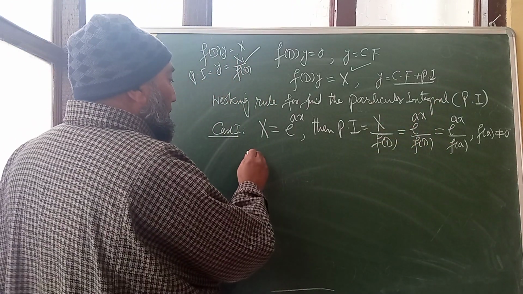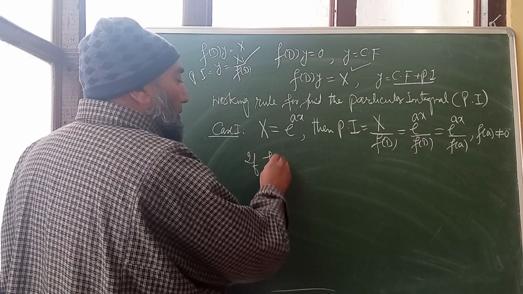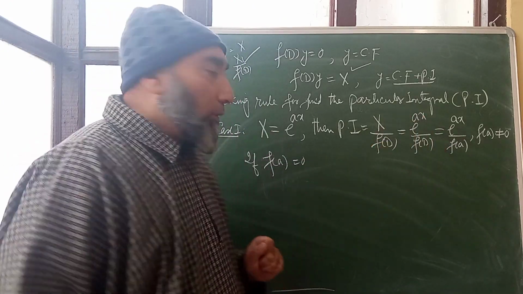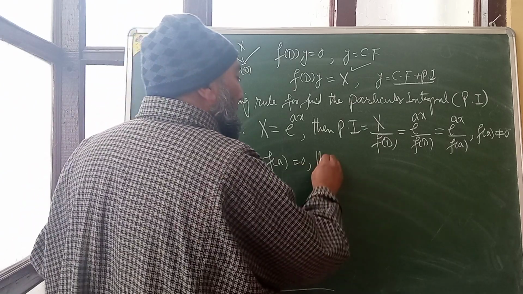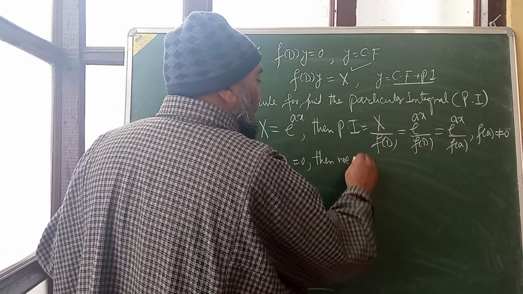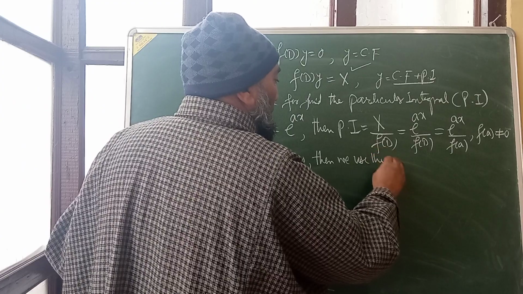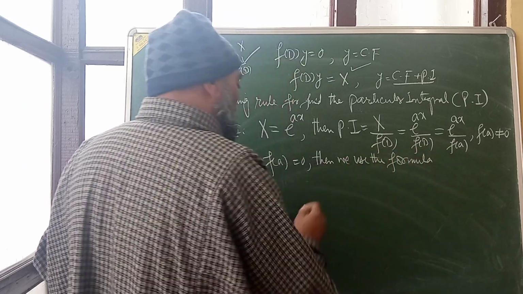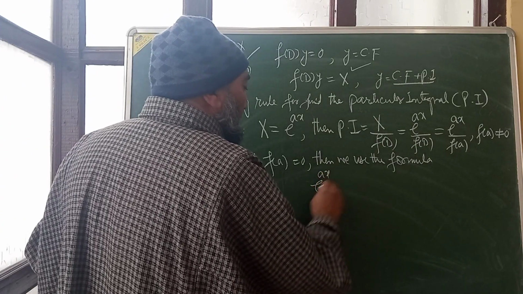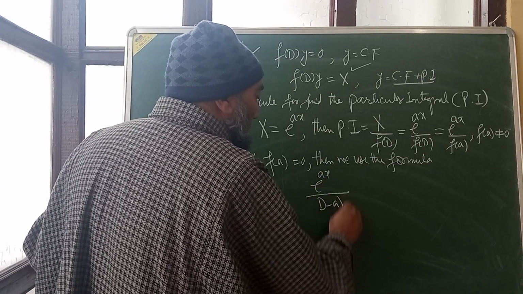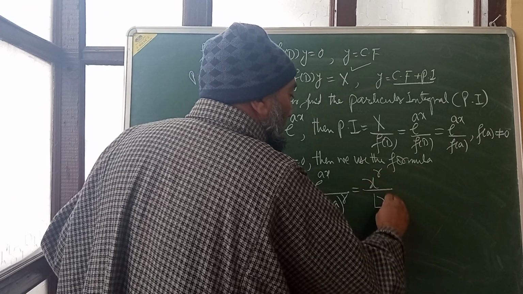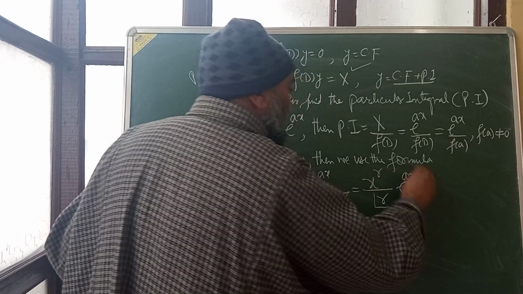If f(a) is 0, what will happen? Then we use the formula e to the power ax upon (D minus a) raised to the power r is equal to x raised to the power r by factorial r times e to the power ax.